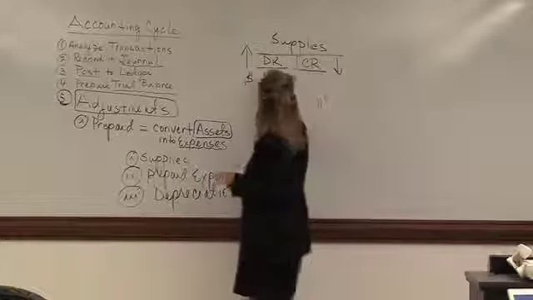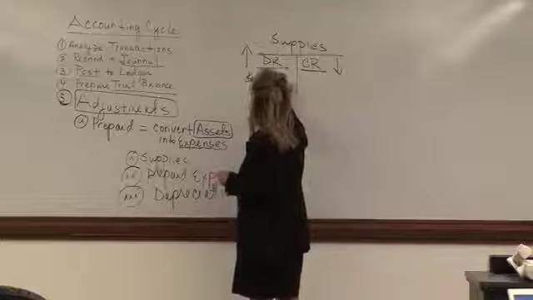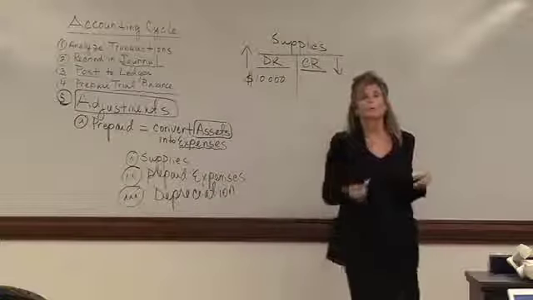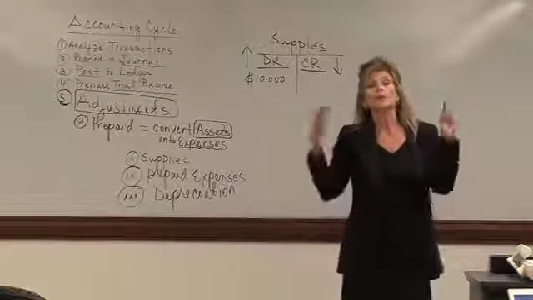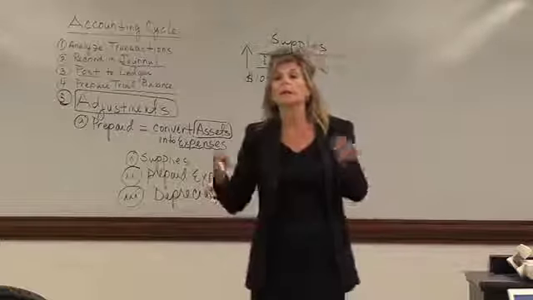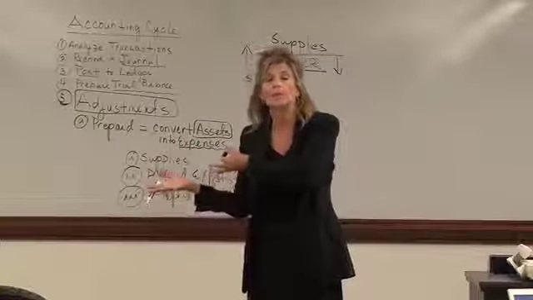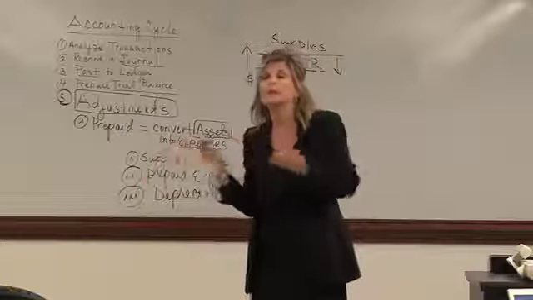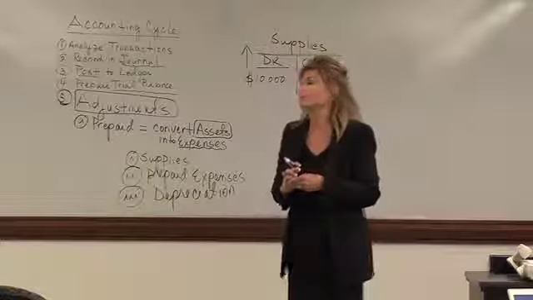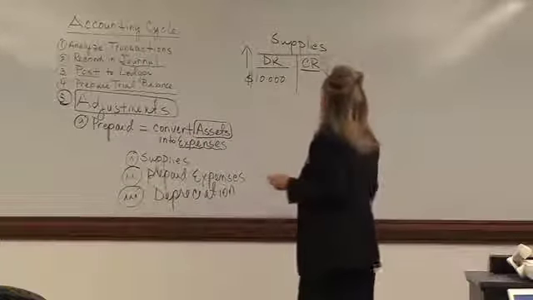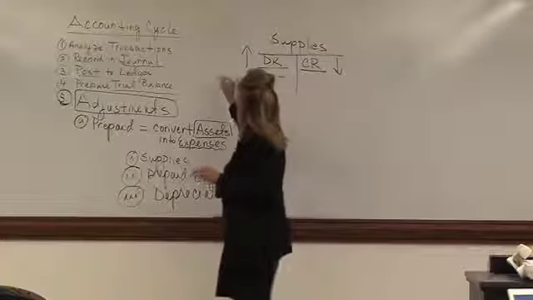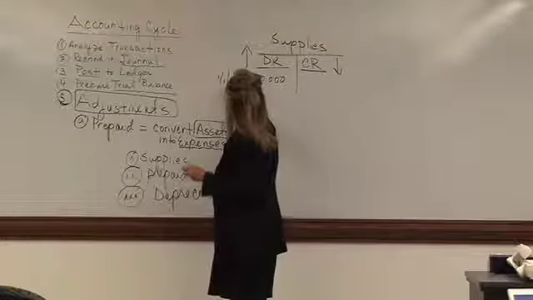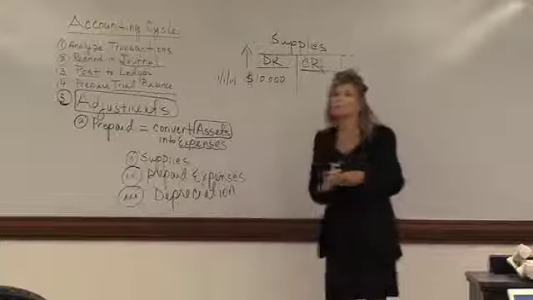So let's pretend we acquired $10,000 worth of markers. You're going to debit supplies initially, and you'll credit either cash if you paid for it immediately, or accounts payable if you're going to pay for it in the future. Time passes. Let's pretend we purchased these supplies on January 1st, 2014.